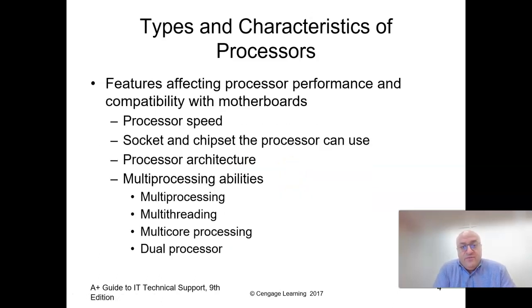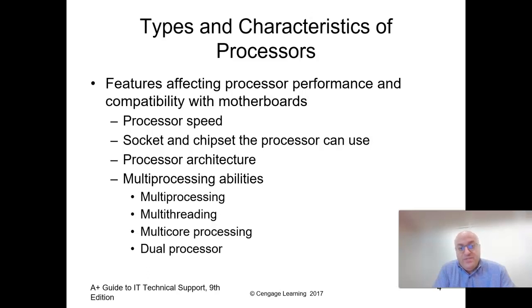The things that affect the performance of the processor with the motherboard, for example, processor speed. What is the processor speed of this CPU? Core 1, Core 2, Core 3, Core 5, Core 6. I think in the market now we have a Core 9. So we have a Core 7 and coming also Core 9.